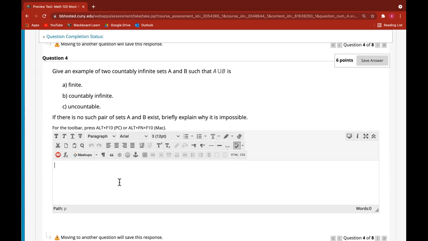So if you look at A, if you have 2 countably infinite sets, by union then can you have a finite set? The answer will be no. Right, so for A, the answer is impossible.